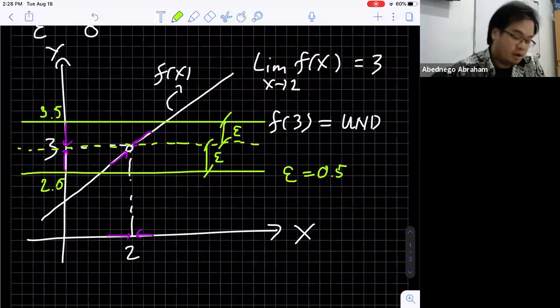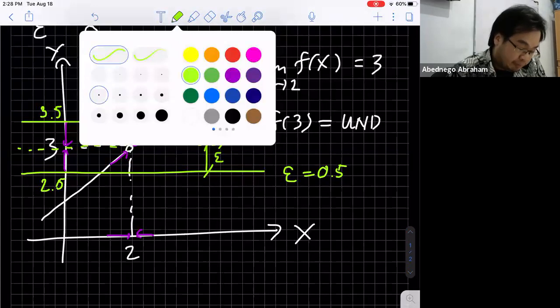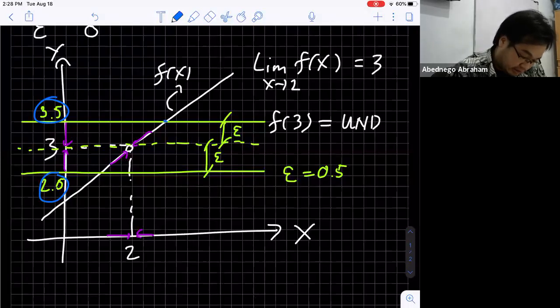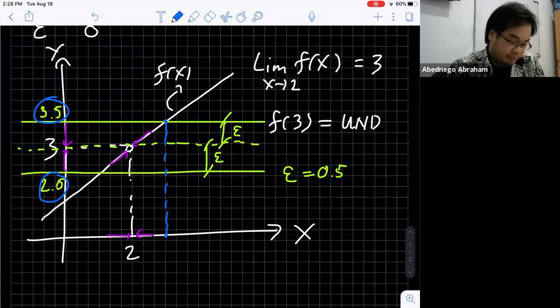As epsilon is 0.5 in this case, the values 3.5 and 2.5 will correspond to certain values of x. Let's say the line intersects f(x) here. If I bring it down, maybe the value of x is 2.5.